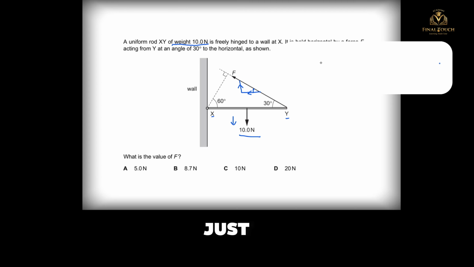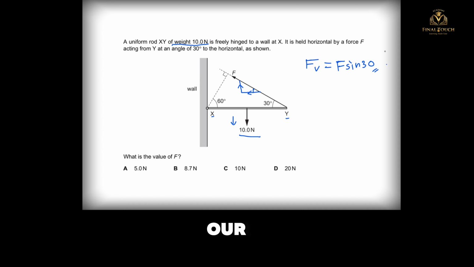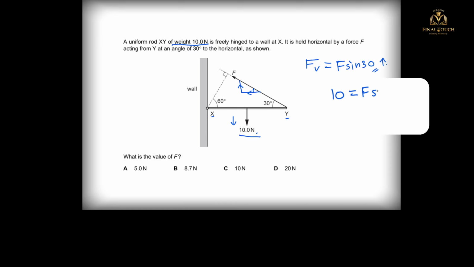So they would just find the vertical component of F, that is F sine 30. This is the vertical component upwards, and the downwards force is the weight 10 Newton. So they would just equate these two, and then they would find F is equal to 20 Newton.